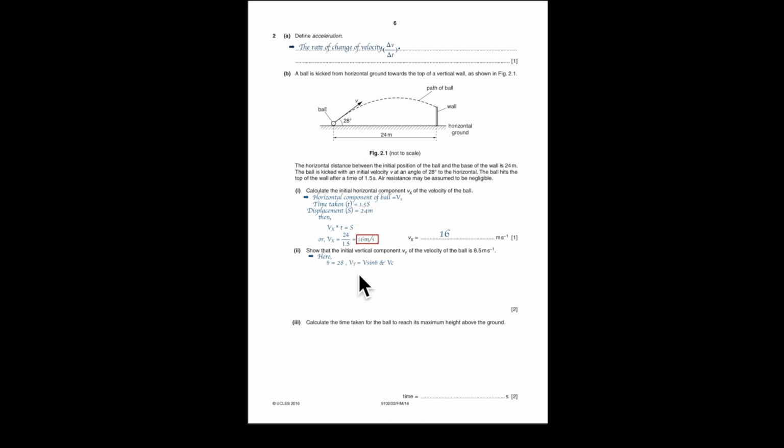The vertical component of the ball's initial velocity is equal to v sin theta, and v cos theta equals 16 meter per second. We already got v cos theta equals 16 meter per second.